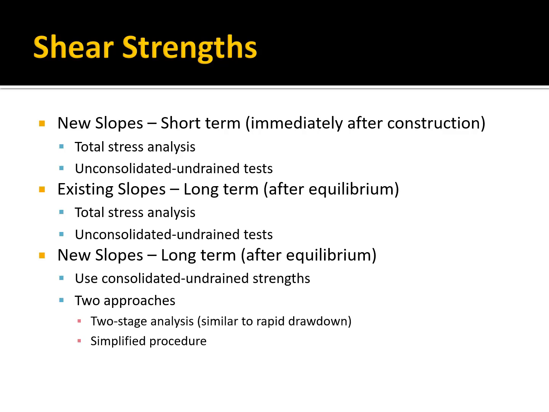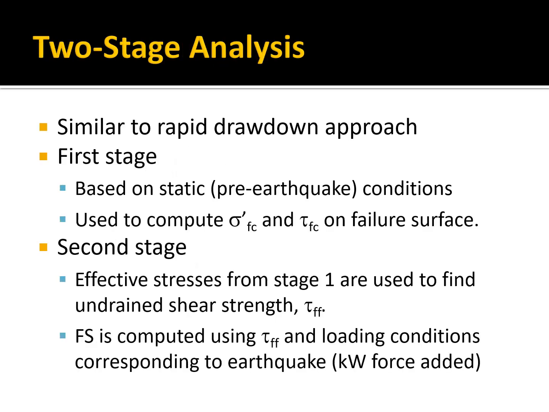However, if we have a new, constructed slope, but it's a long time after equilibrium, so we have an embankment or a dam or a levee, in this case we would use consolidated undrained strengths, and we could do a two-stage analysis, which is similar to rapid drawdown analysis, or a simplified procedure.